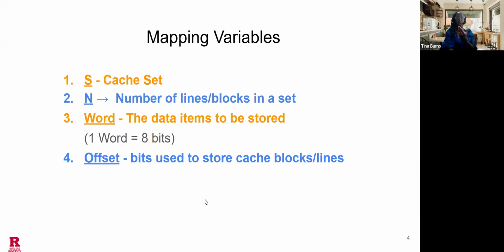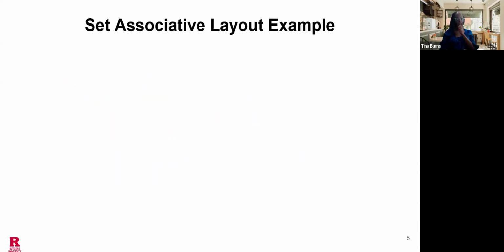So offset bits are the number of bits that are used to tell you where your element is being stored in the cache memory. V is our validation bit. The validation bit just tells you whether or not this cache reference or address is actually valid.